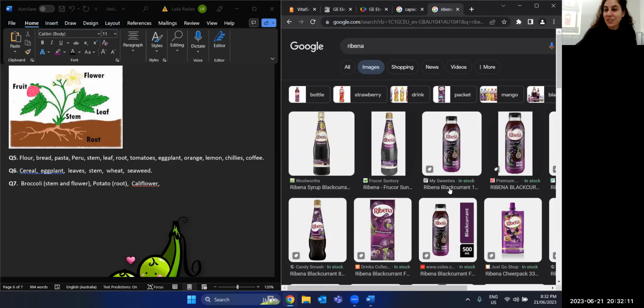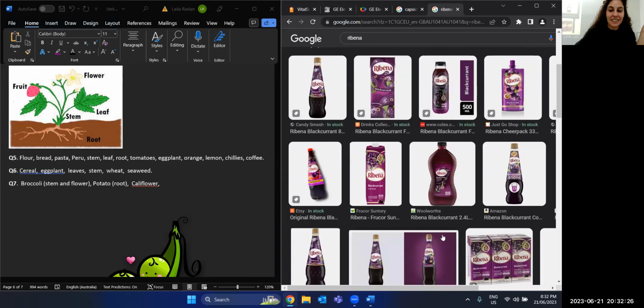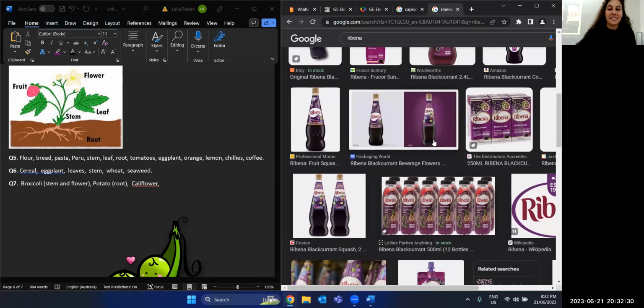Okay, so I want you for homework to try this. You can buy it from the supermarket. Coles, Foodland, doesn't matter. It's called Ribena. It's made from black currants. You must try this. I think it's an Australian drink. Okay, Ribena.